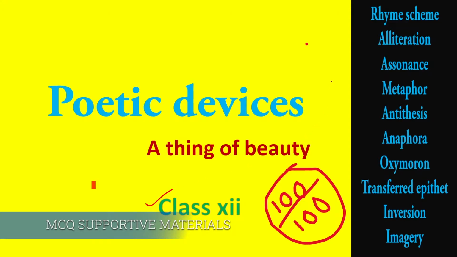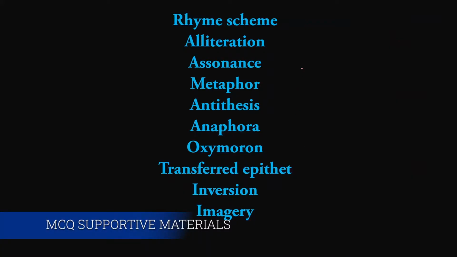What we are going to look at in this video are the literary devices of rhyme scheme, alliteration, assonance, metaphor, antithesis, anaphora, oxymoron, transferred epithet, inversion, imagery, and the other poetic devices used in A Thing of Beauty.